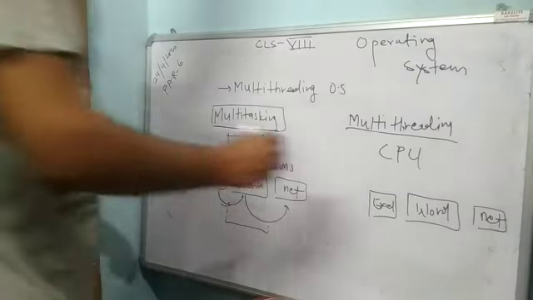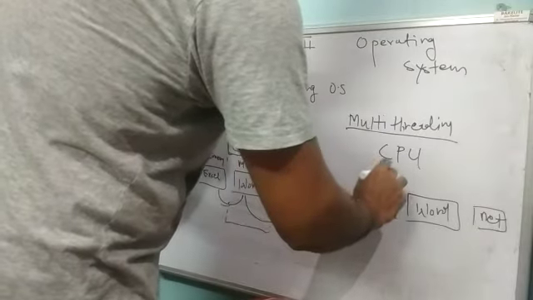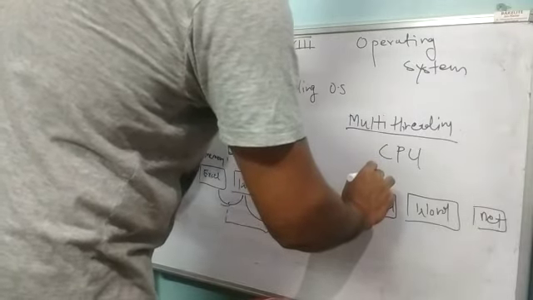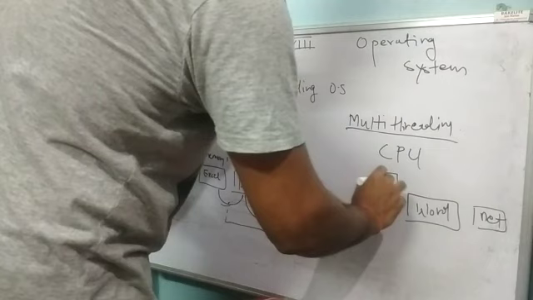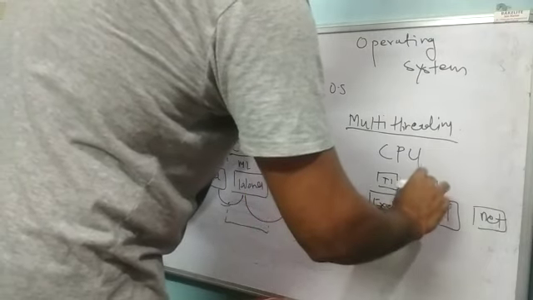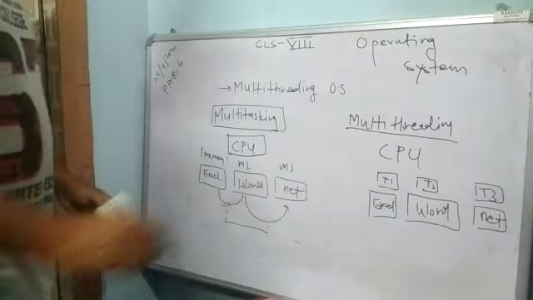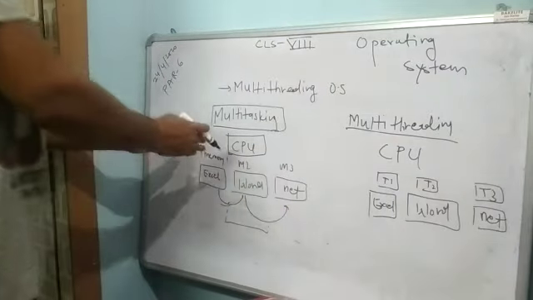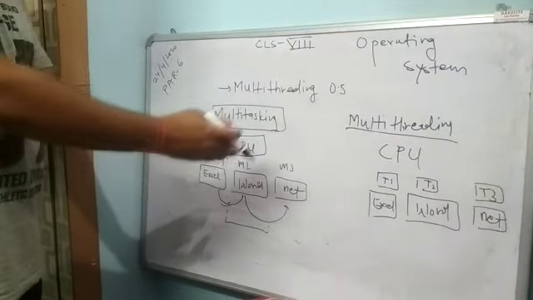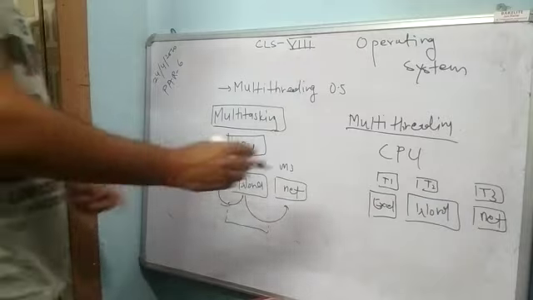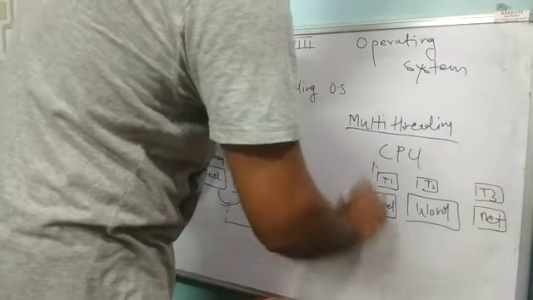But here the CPU will divide the work into thread 1, thread 2 and thread 3. Instead of assigning different memories to different tasks, it will share a single memory.